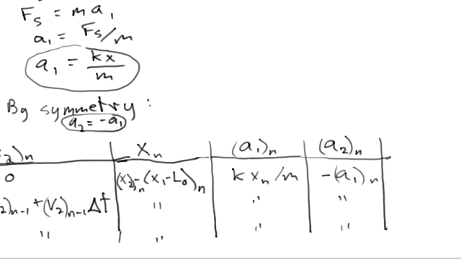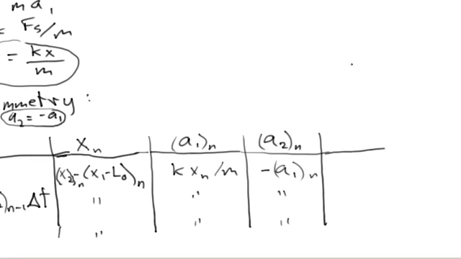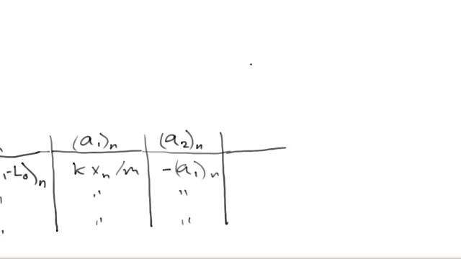And now I need the velocity of this thing. The velocity of number 1, that's the one that's out front. V1, the nth value, is going to be equal to, for the first one, I'll say it's just 0. And the second one is going to be V1n, that's what I'm actually solving for.